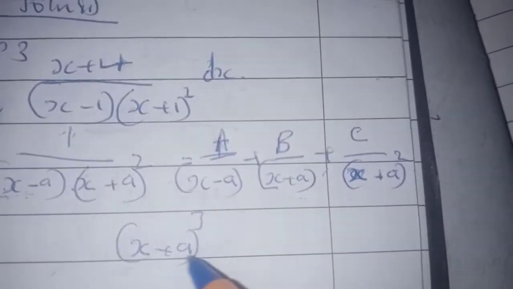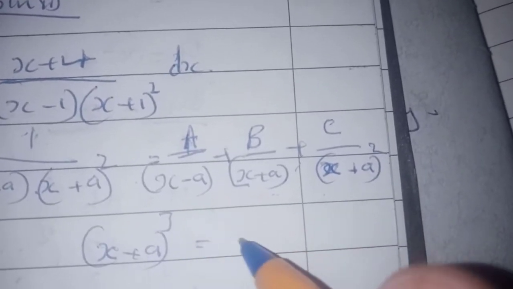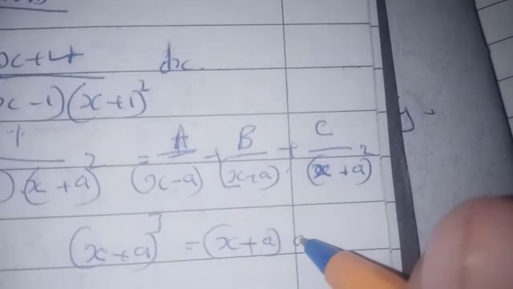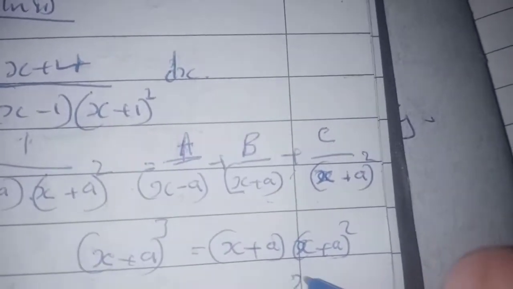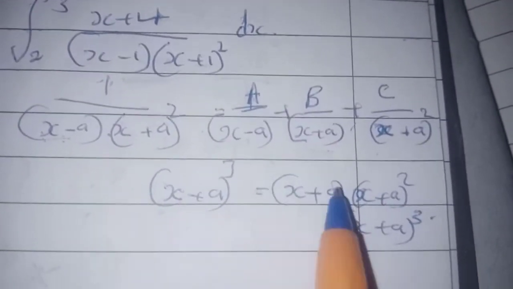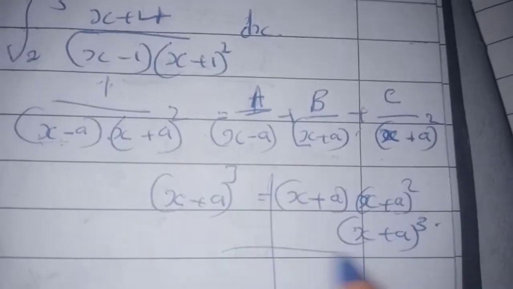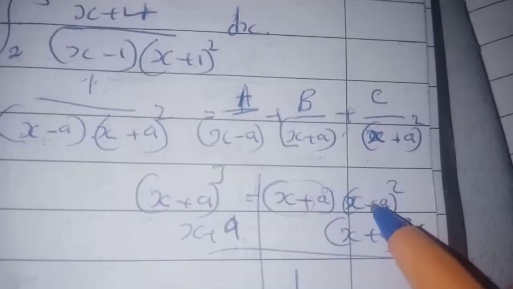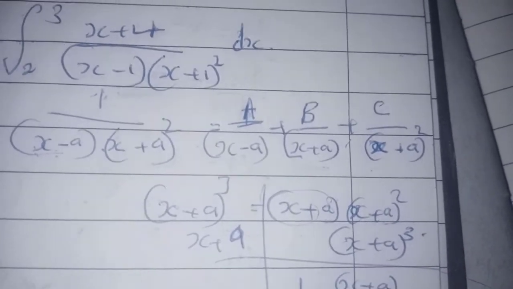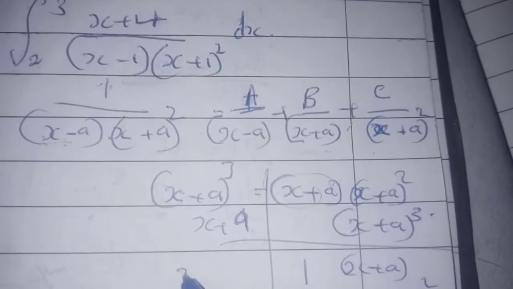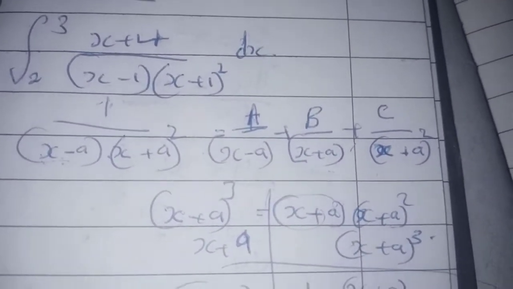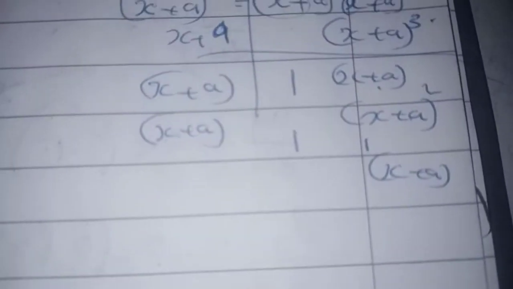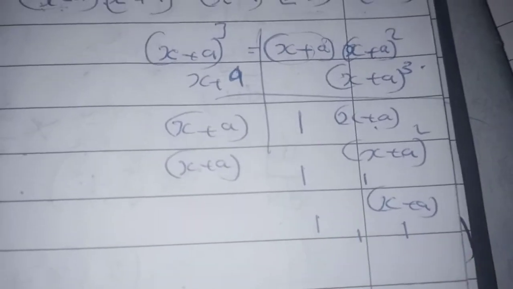If it is cubed, then to find the LCM of the three numbers, x plus a power 1, x plus a power 2, and x plus a power 3, you get just (x plus a) cubed. Dividing each by the LCM, the terms cancel down to 1, 1, 1. Then when you multiply, you come back to (x plus a) cubed.